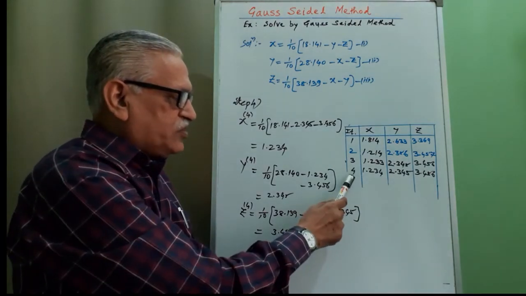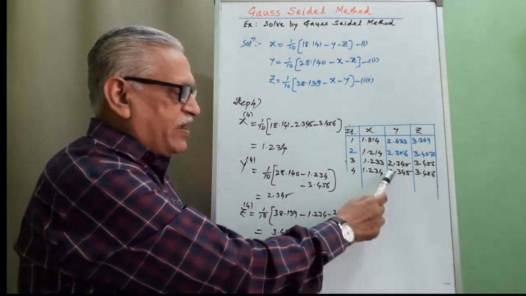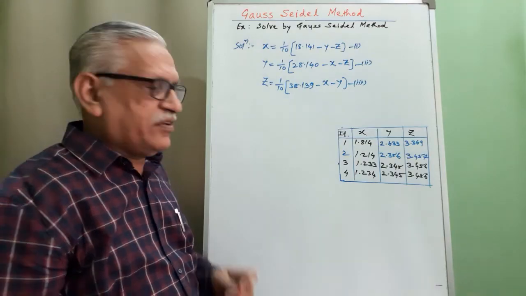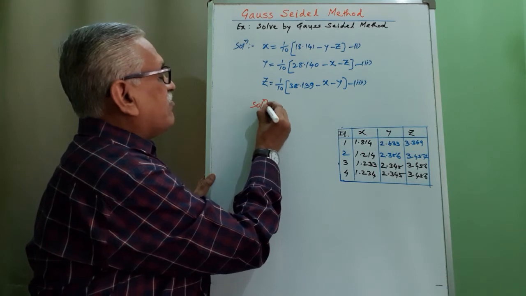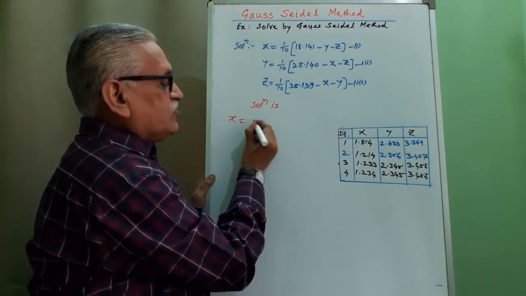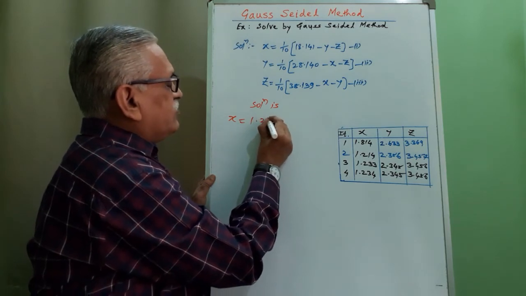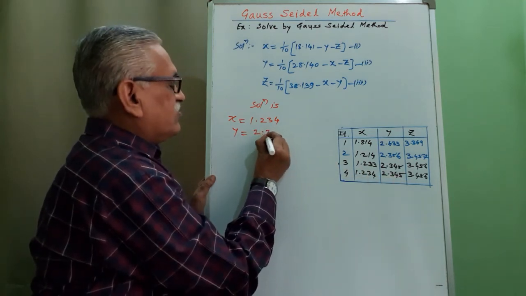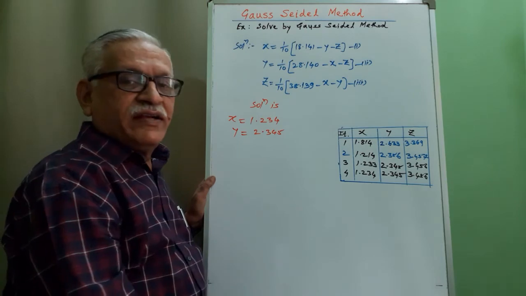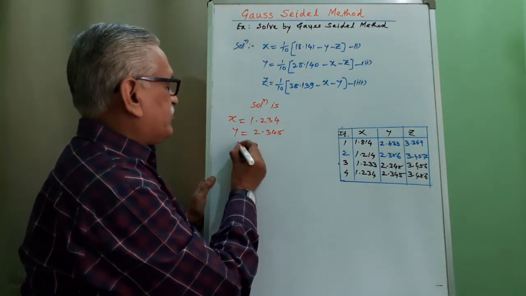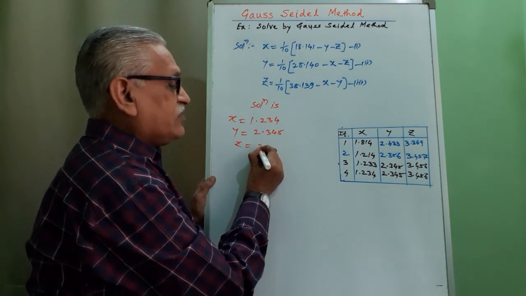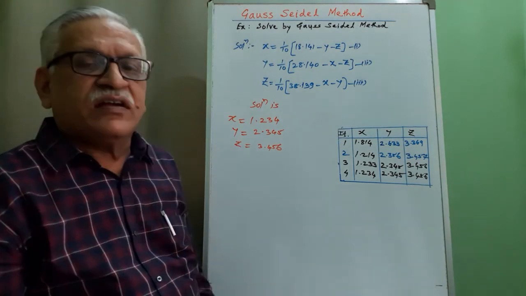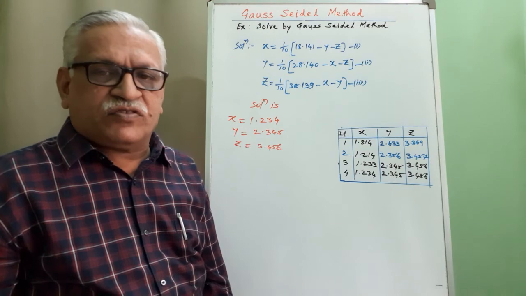Thereby, the final solution is x is equal to 1.234, y is equal to 2.345, and z is equal to 3.456. This is the required solution by the Gauss Seidel method.